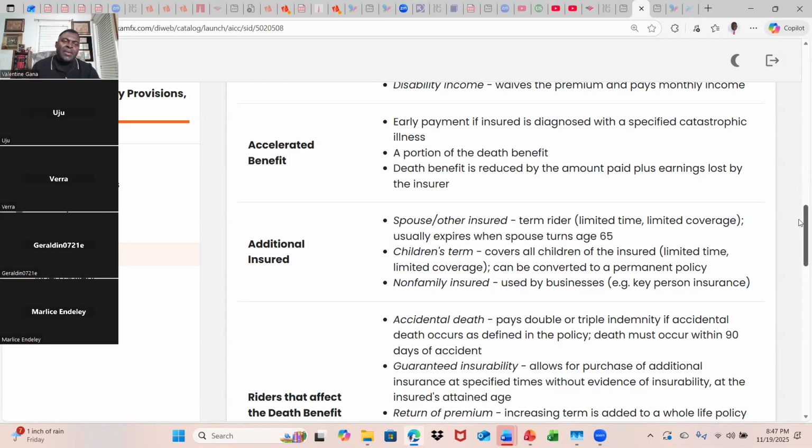Another rider is the accidental death benefit, also called the double indemnity rider or the triple indemnity rider. It just says, if you have a policy and you die as a result of an accident, you're going to be paid double the death benefit. That's a double indemnity rider. Triple indemnity rider just says you're going to be paid triple the death benefit.